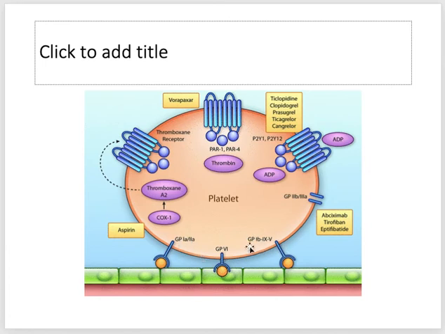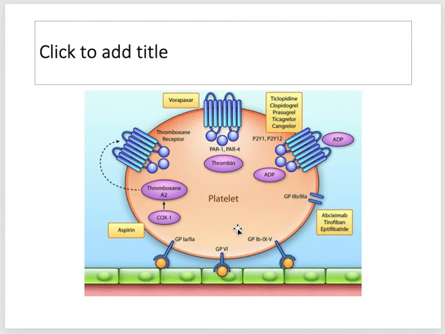This one is glycoprotein 1b, which I was talking about, and this is glycoprotein 2b3a. So when adhesion is there and the platelet attaches to von Willebrand factor, glycoprotein 1b is the receptor involved. And in the process of aggregation, when the platelet plug is formed, the platelet attaches to platelet with glycoprotein 2b3a. There are many other receptors, guys, but I'm not going into detail on that.